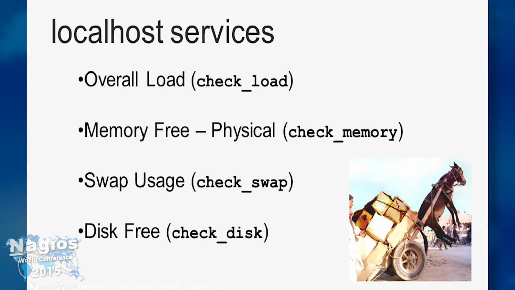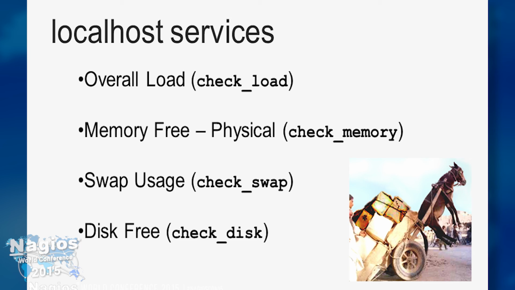So load is another one to check. It's a combination of memory and CPU and those sorts of things, and it is one of the checks built into XI by default. Memory free and swap usage are tied directly to each other. If your XI server doesn't have enough free memory, then it will start to swap to disk.